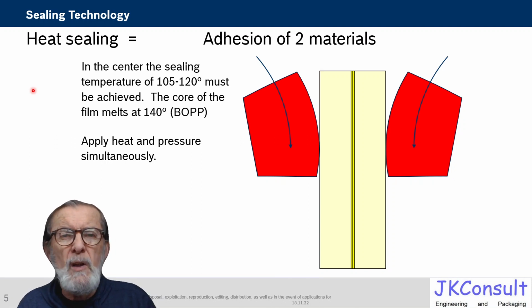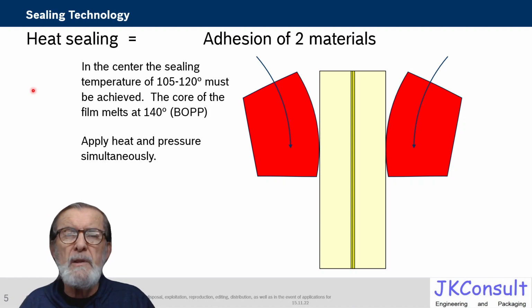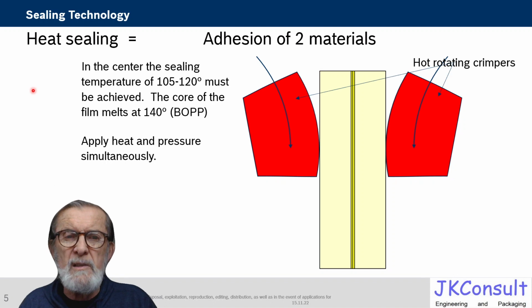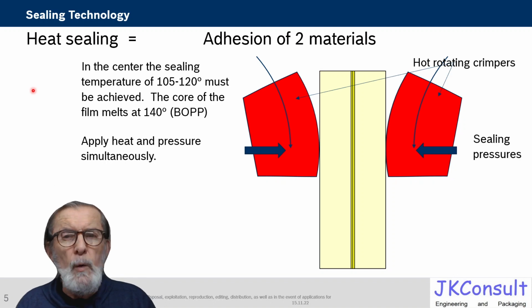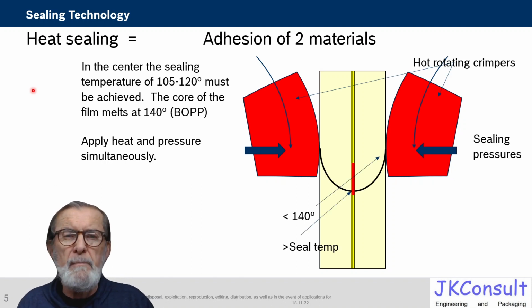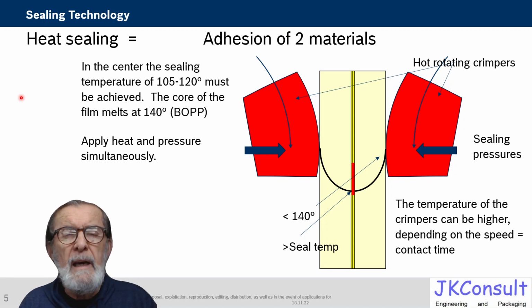Now a seal is only generated when we have the right temperature and pressure simultaneously. So the sealing pressure is important, and at the moment we start we have room temperature in the film, and we have to get it in the center up to 105 degrees.